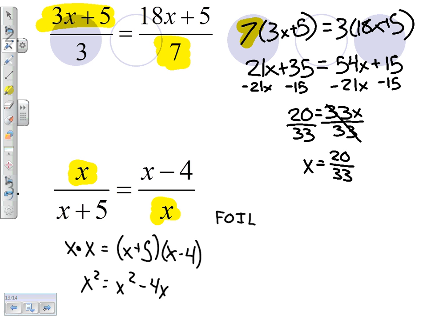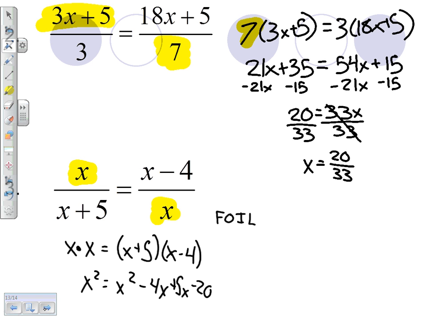Don't they always cancel out? If they're, like if this was a minus 4 and that was a plus 4, yes. But if the numbers aren't the same, then last would be 5 times negative 4. Now we keep going. On the right side, what's negative 4x plus 5x?